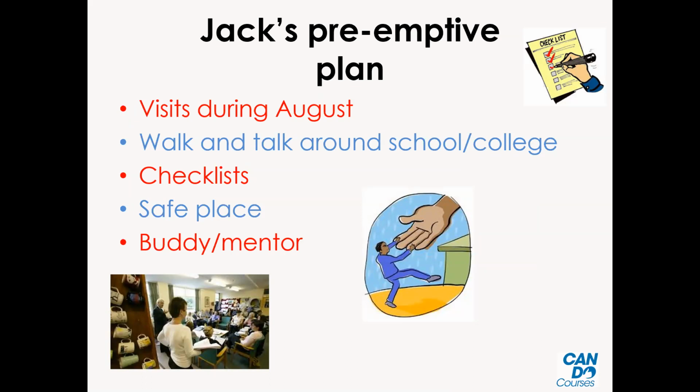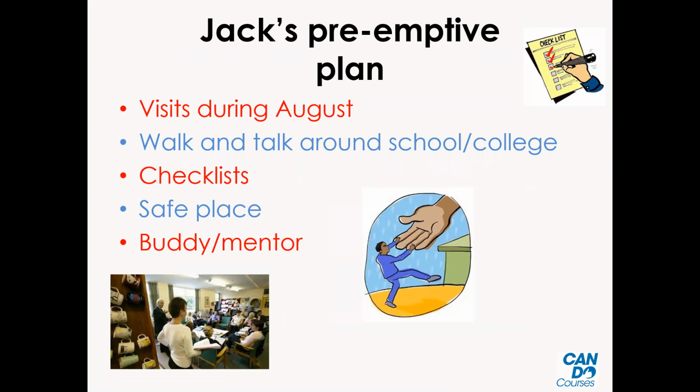So we brought him in during August. He wanted to know exactly where everything is. He wanted to walk and talk around the college to see how many steps it was from here to here. He was very verbal, communicative, an extremely lovely young man. But these were the things that he knew would cause him to have a problem.